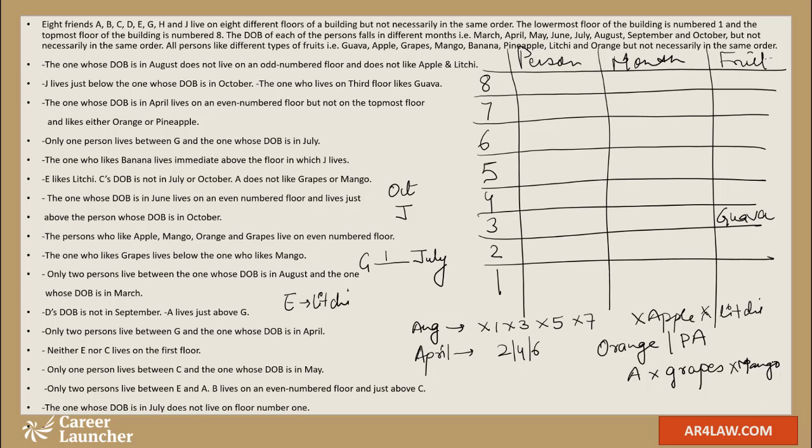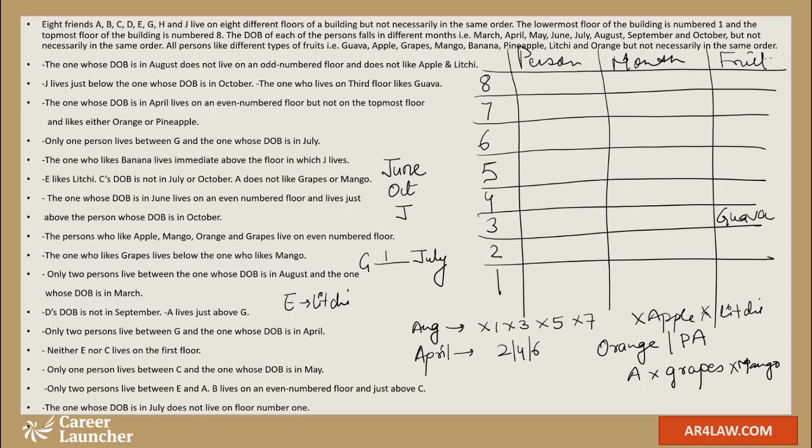The one whose date of birth is in June lives on an even numbered floor and lives just above the person whose date of birth is in October. Okay, so this can be combined with this particular data. So we have someone whose birthday is in June.